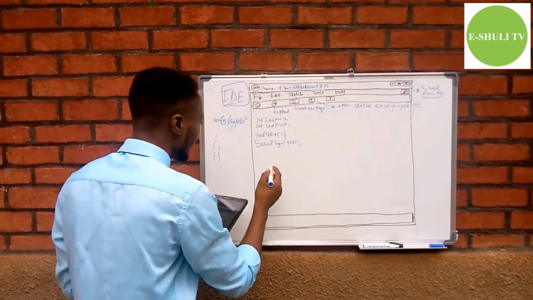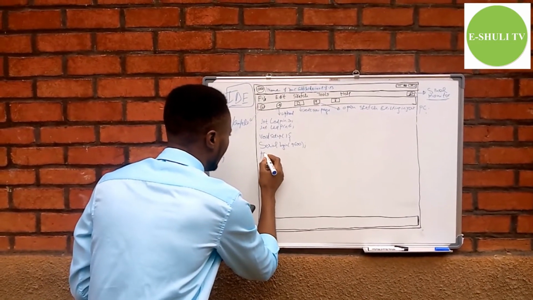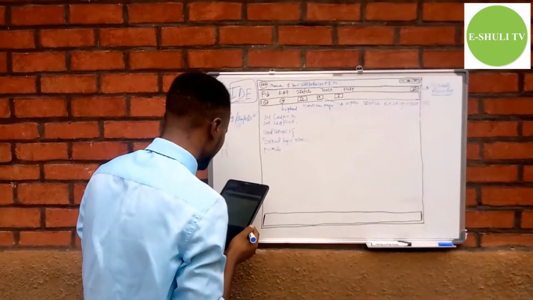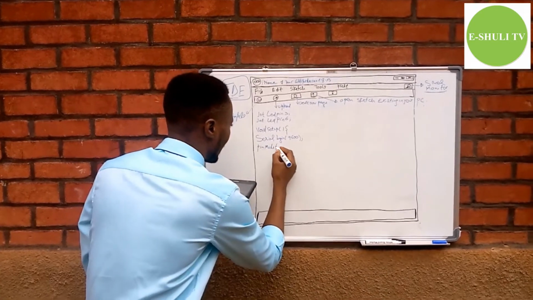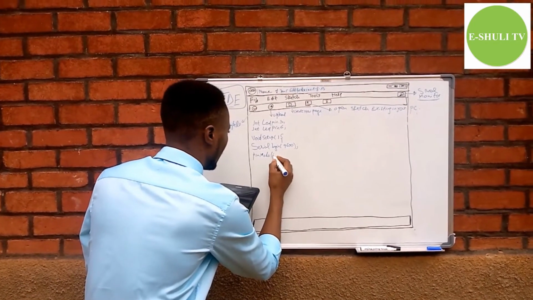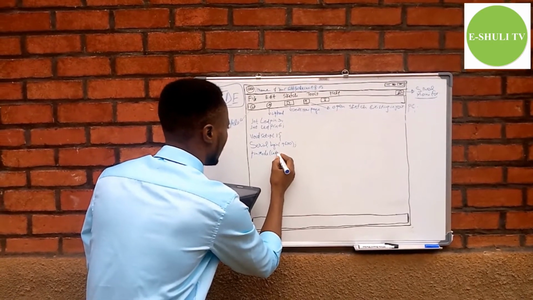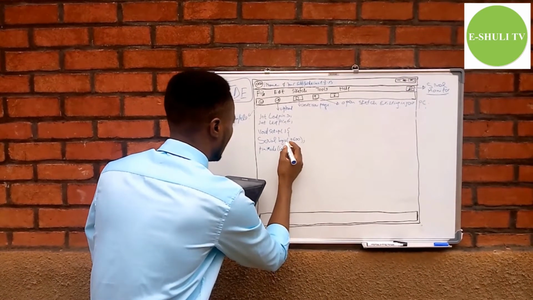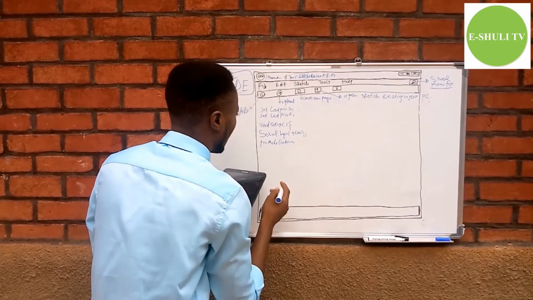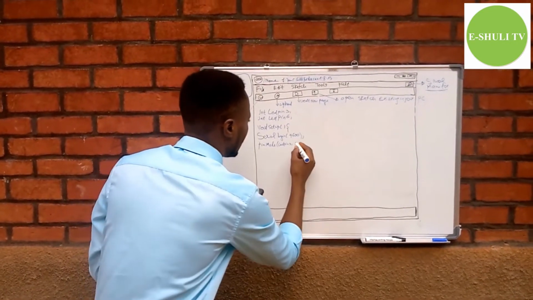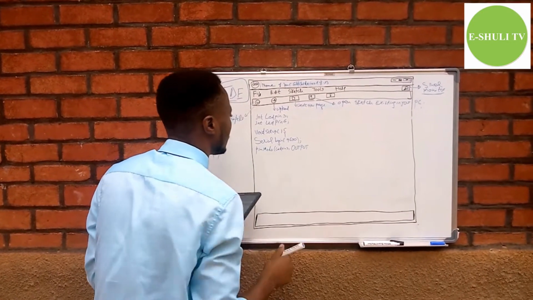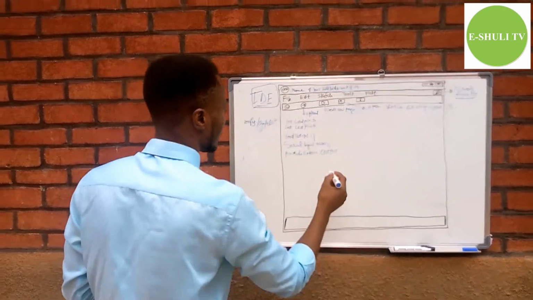Then write pinMode, bracket, red pin, let's say red pin 3, comma, OUTPUT, bracket again.